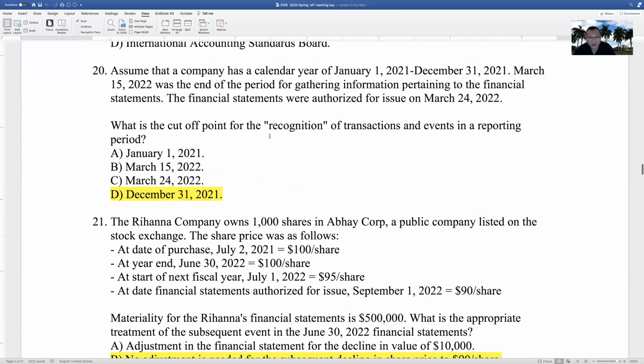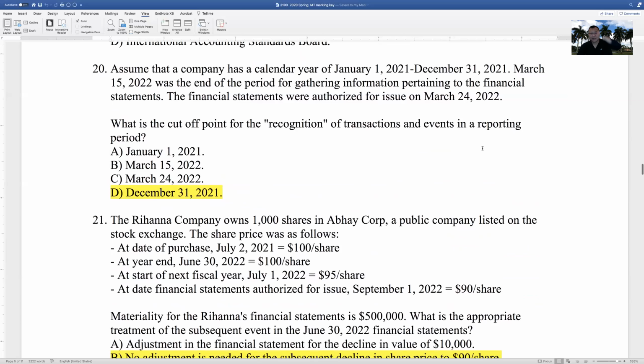What is the cutoff point for the recognition of transactions and events in a reporting period? And we mentioned this in the class, that is the cutoff date, right? December 31st, 2021, okay? However, the cutoff point for the measurement purpose goes to the signature date, March 24th, okay?